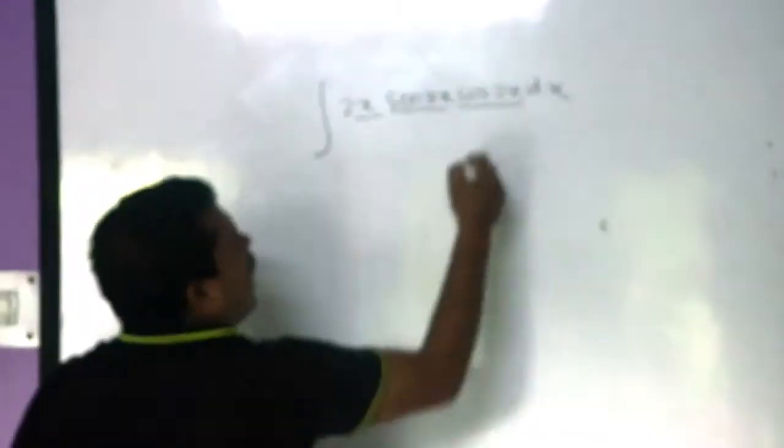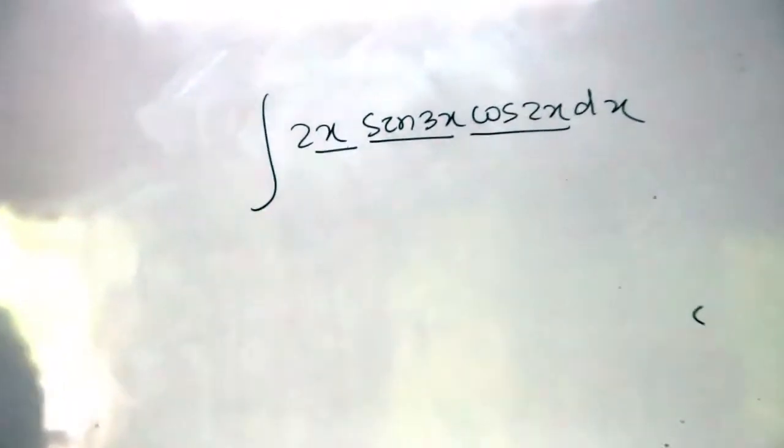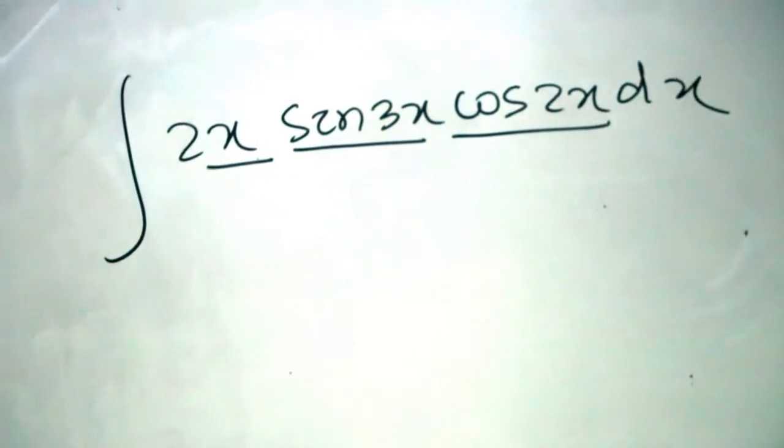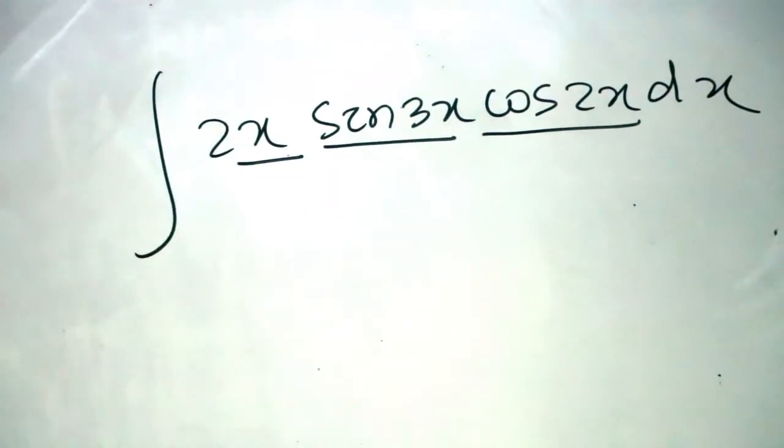Like that, integral of 2x sin 3x cos 2x dx. Here there are three functions, one is x, another is sin 3x and the other is cos 2x. We cannot use integration by parts directly because integration by parts is for only two functions.